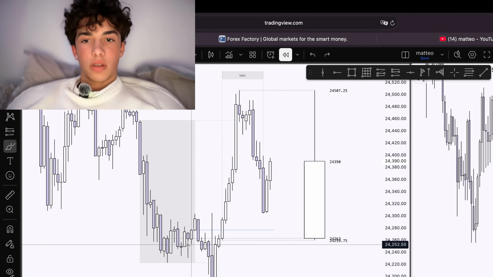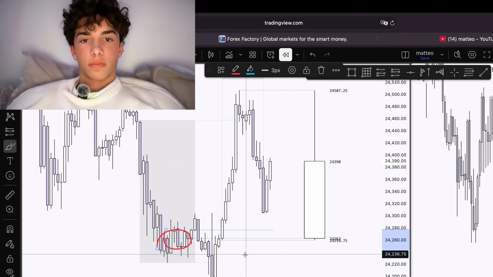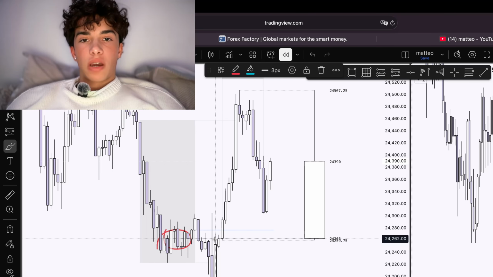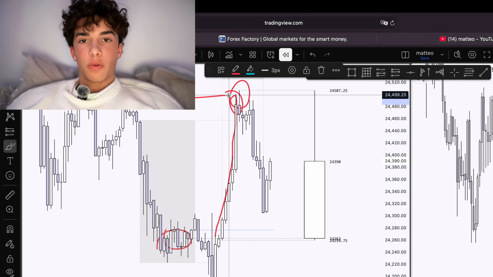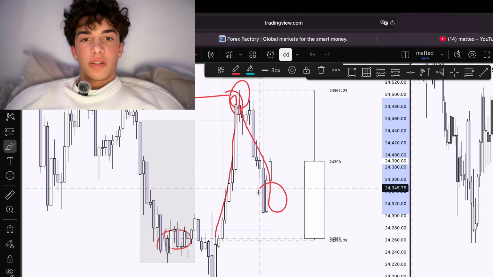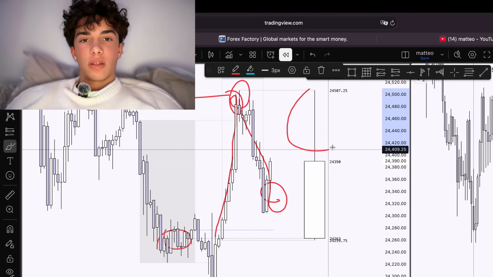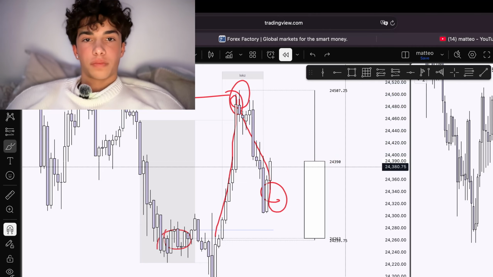No, in fact, we did open here, okay? The price did all this bull move and swept this liquidity here. Now we are retracing back down, leaving a big wick here, okay?